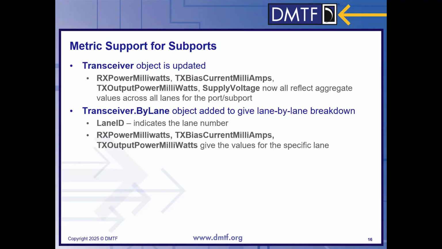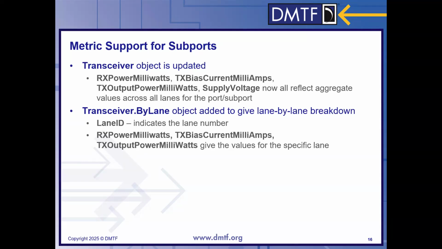Now, instead of reflecting the entire port, these reflect aggregate values across all of the lanes for that port. We've then added a by lane object that lets you give a lane by lane breakdown of the values of those properties.